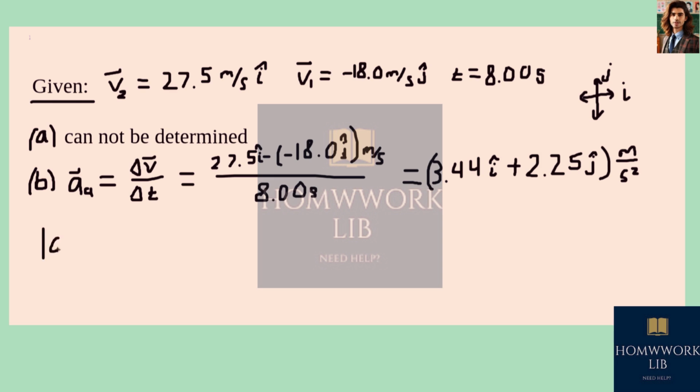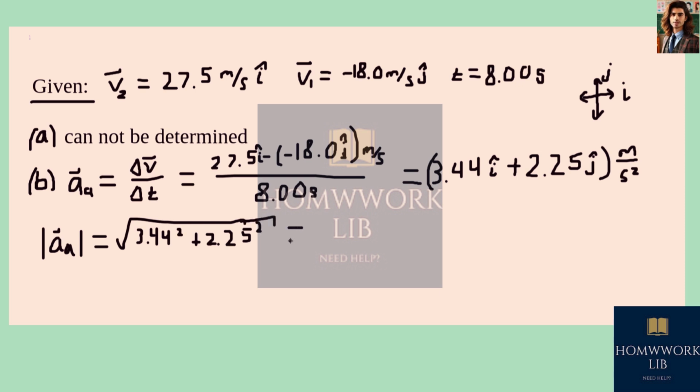Well, the magnitude of a sub A, let's rewrite that so it's a little more legible. a sub A is equal to the square root of the squares of the values that make it up. So 3.44 squared plus 2.25 squared.